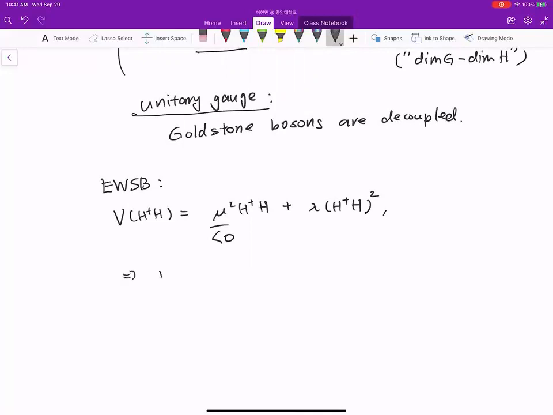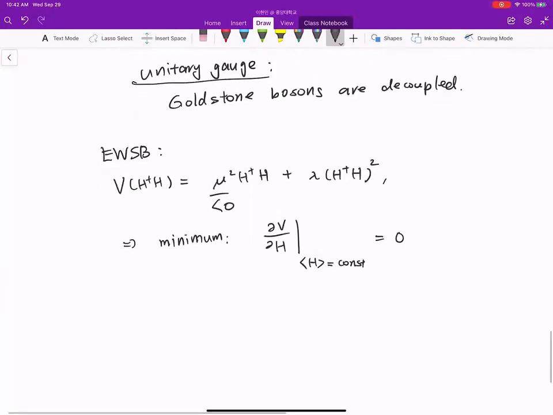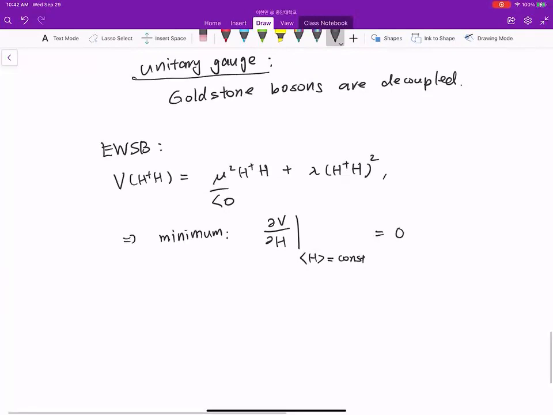So it's a minimum of the potential. So minimum of potential, simply we look for a constant value of Higgs which minimizes the Higgs potential.